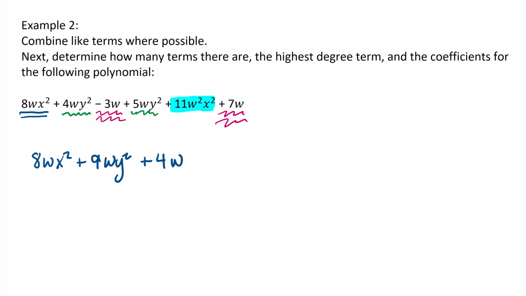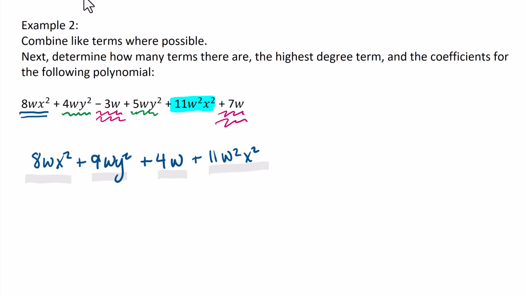And then lastly, that plus 11w squared x squared. So now that we've combined like terms, we can determine how many terms there are. There are 4 terms here. 1, 2, 3, 4 terms.